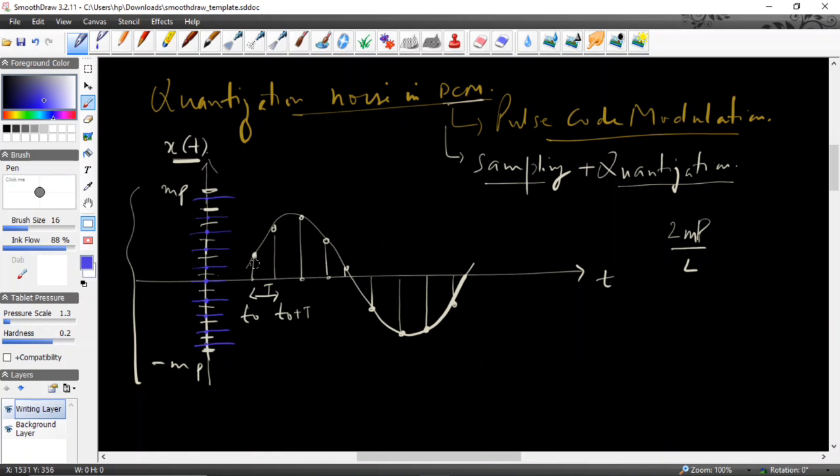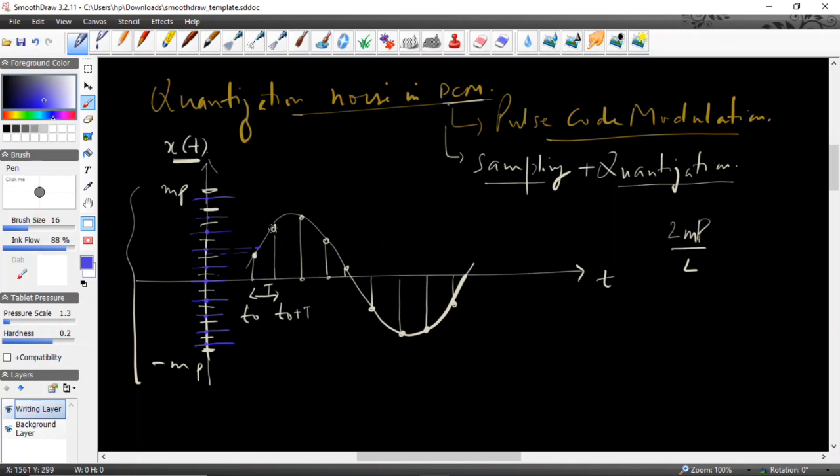And if the sampled signal amplitude does not exactly lie at the quantized levels, you have to round it to the nearest level. Suppose at this time I have this amplitude, and it is here. So I will approximate this amplitude with the nearest level that you have.